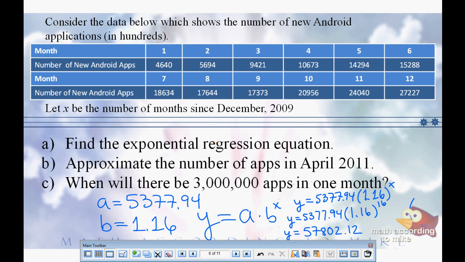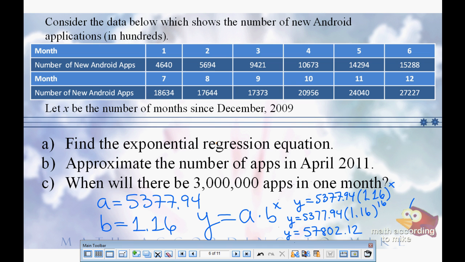Okay. And then part C, when will there be 3 million apps in 1 month? Well, we know in April that there's already going to hit 5 million, but by December 2010, we were still at 2.7 million.